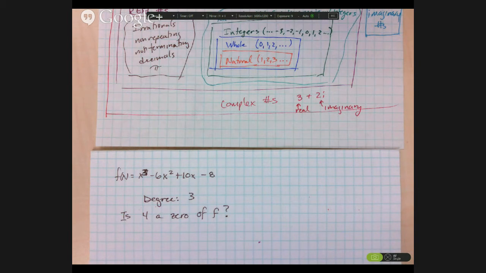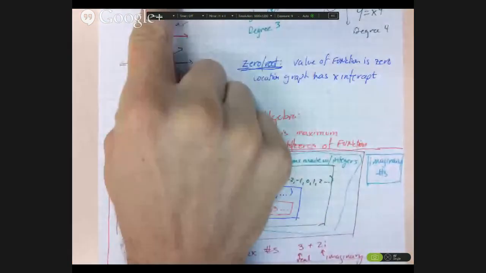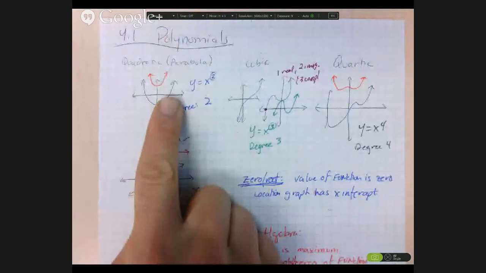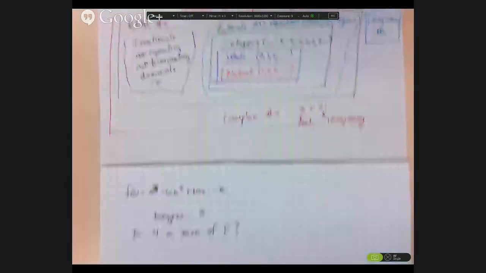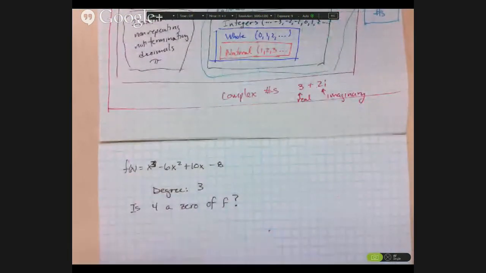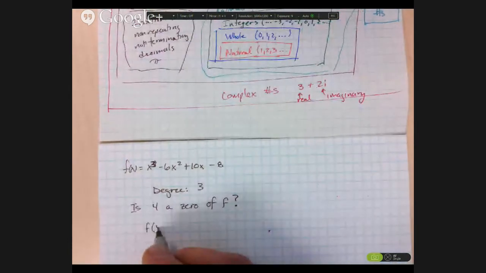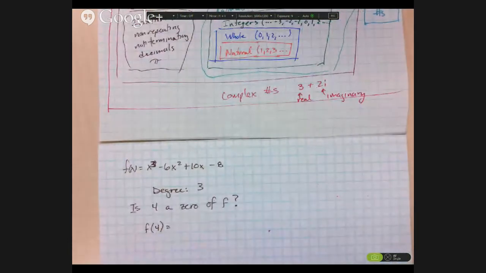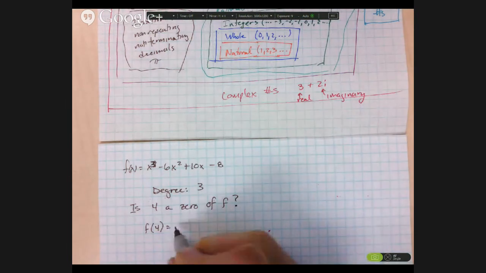No. Plug it in. What's the y value of an x-intercept? 0, right? So if I plug this x into the function, what should I get? 0. All right, so if I plug that in, I get 0. It's a 0. Let's try it.